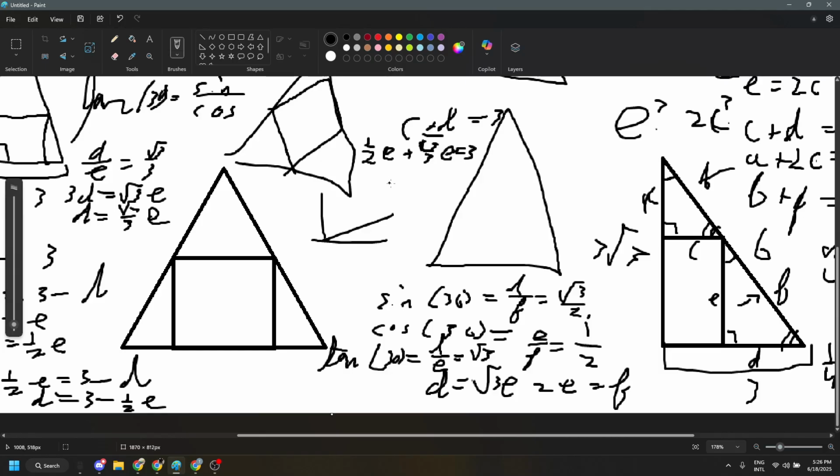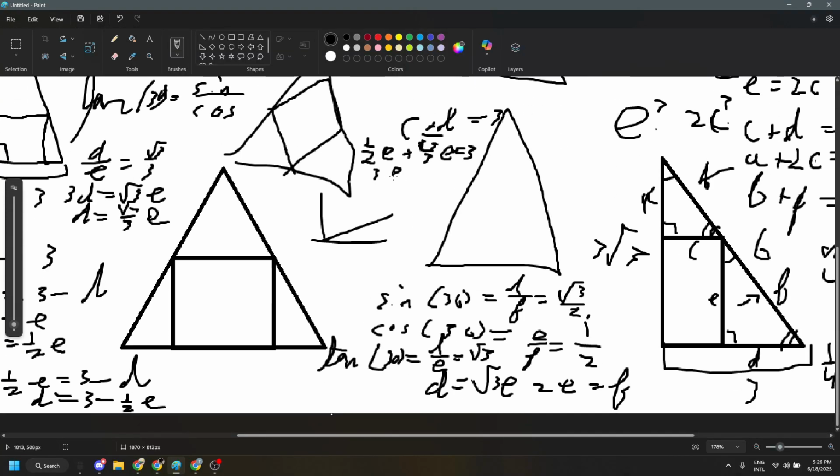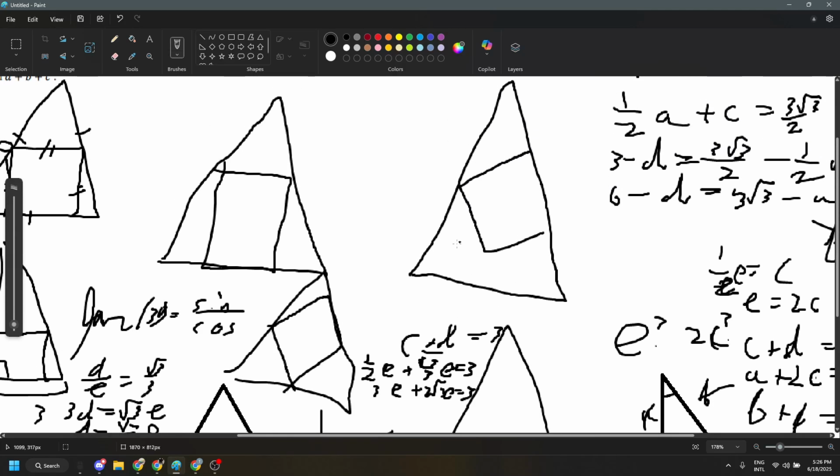So we have multiply by 6 on both sides. 3E plus 2√3 E is equal to 3. So E times (3 plus 2√3) is equal to 3. E is equal to 3 over (3 plus 2√3).